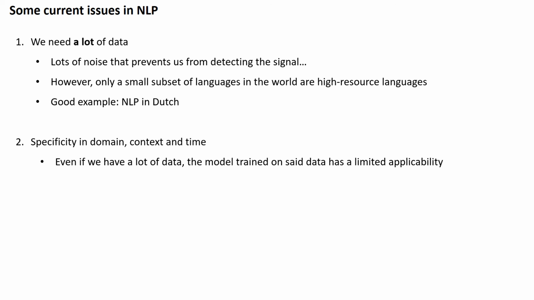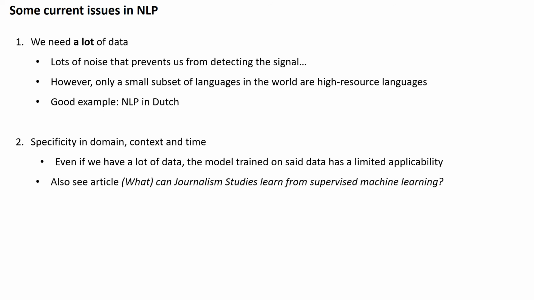This is simply because language changes. The way we speak today is different than the way they spoke 100 years ago. So even if we have a perfect model today, it will be practically useless in, let's say, 100 years, and especially a couple of 100 years. This is also something that we talk about in our article that is on Euphora.